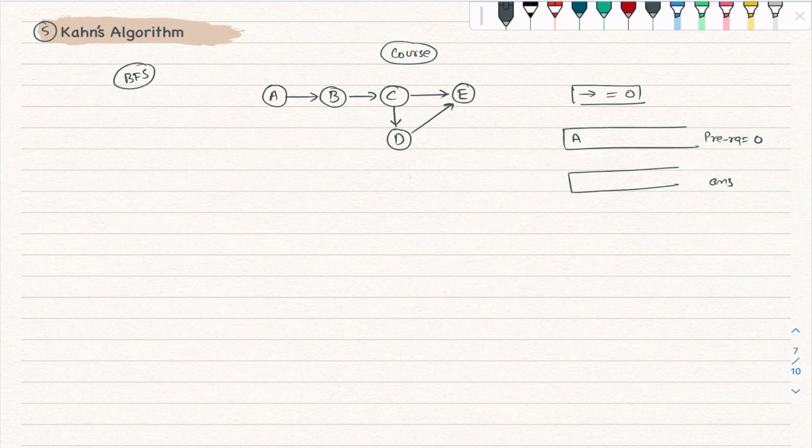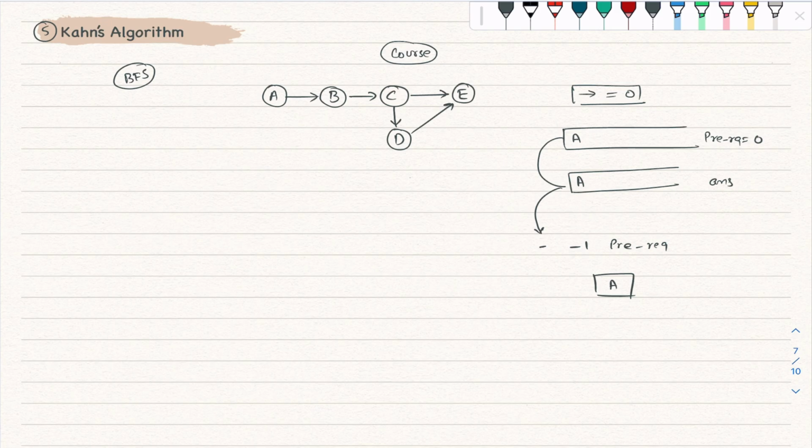Now here we are saying, all right, I'm going to study A. Yes, I studied that. Once you have studied that, you have to look for some operation. You decrement 1 from all those subjects which have A as a prerequisite.